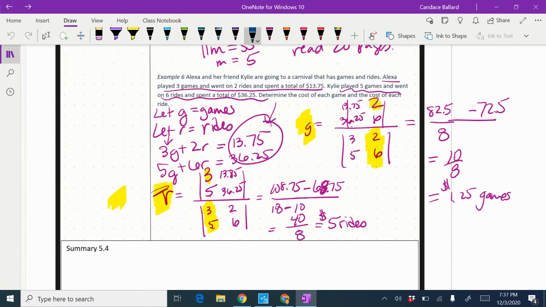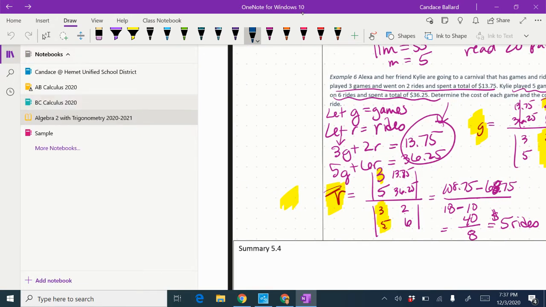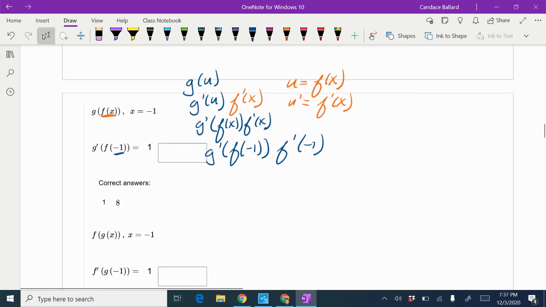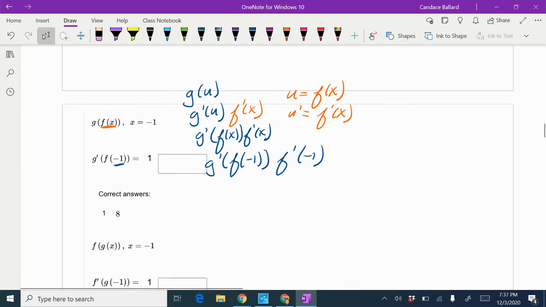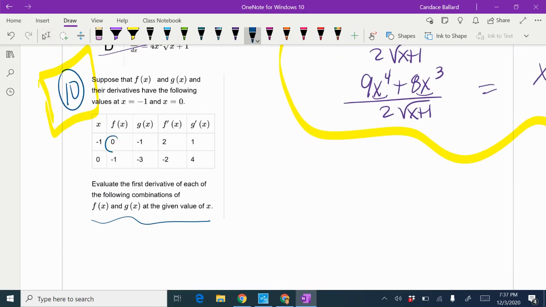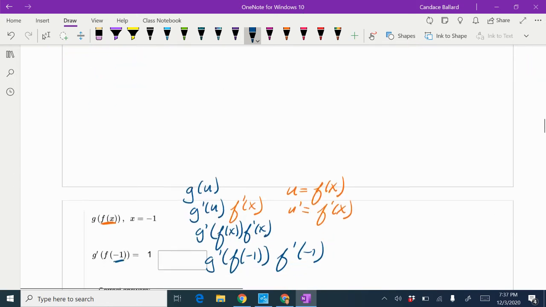Oh, I don't know what happened. Let's go back to calculus here. All right, so now I'm going to go to my chart. I need to find f of -1 and f prime of -1. So f of -1 is 0, f prime of -1 is 2. Be careful, they're not next to each other.